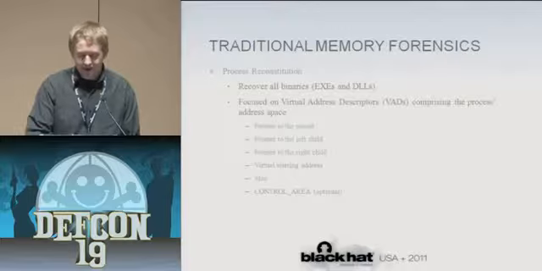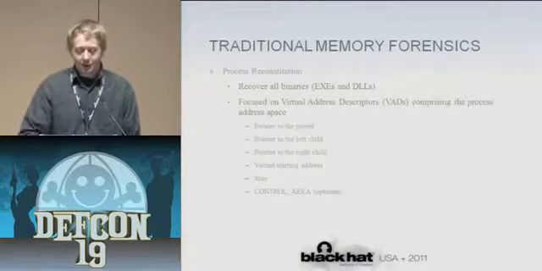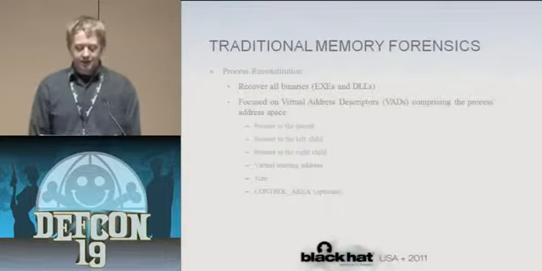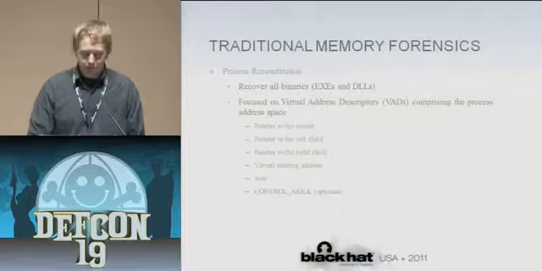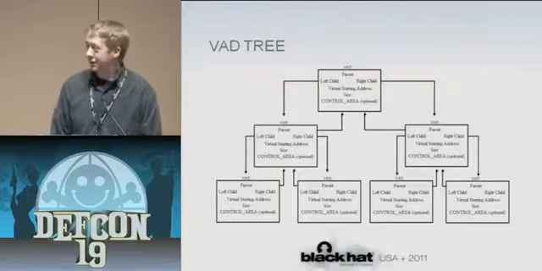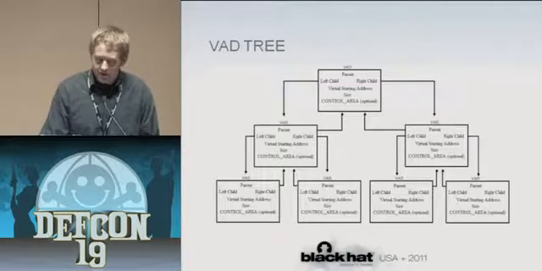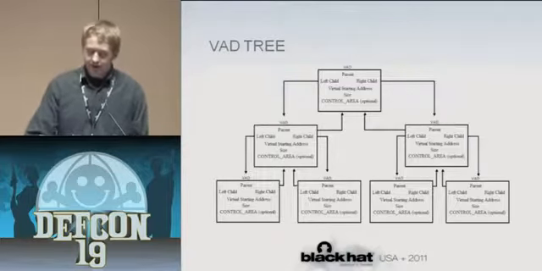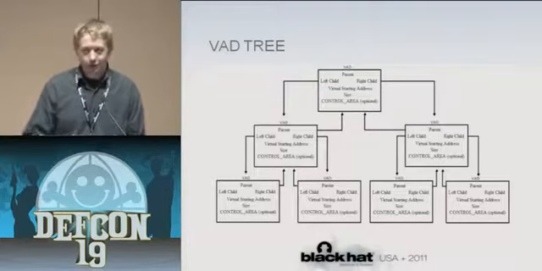As you can see, each has a pointer to a left and right child. It's usually in a tree structure. Each VAD also contains the starting address and the size of the memory, along with a pointer to the control area. Here's a representation of a typical VAD tree. You can see it starts with the VAD root, and each one of those VADs contains information about the virtual addresses of the process.